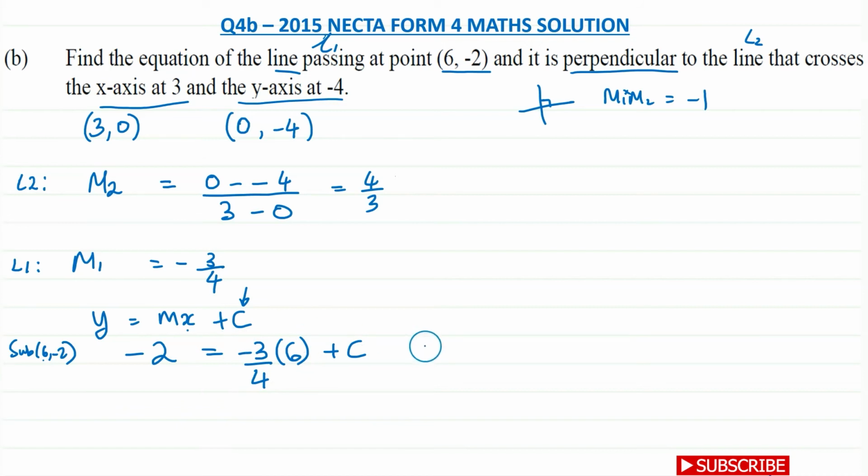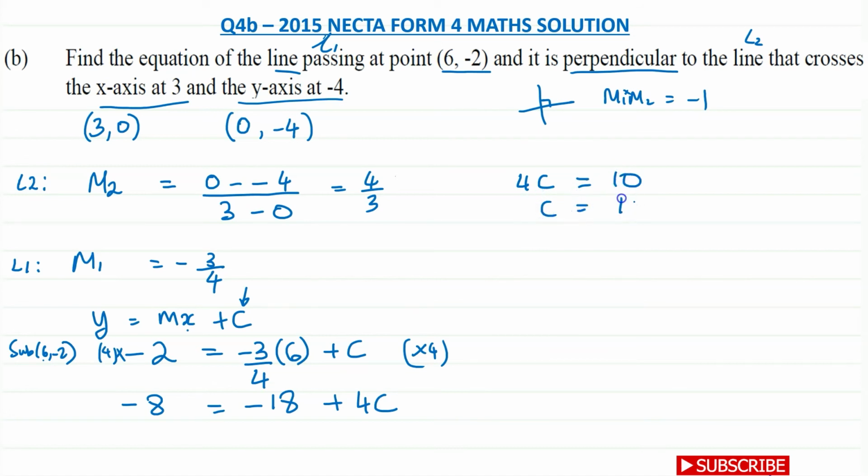I'm going to multiply by 4 throughout to get rid of this 4 here. So I will have -8 equals, this will cancel, -18, and c needs to be multiplied by 4 as well, which gives me 4c. If you rearrange that, you will have 4c is equal to 10, and then c is equal to 10/4, which is going to be equal to 5/2.